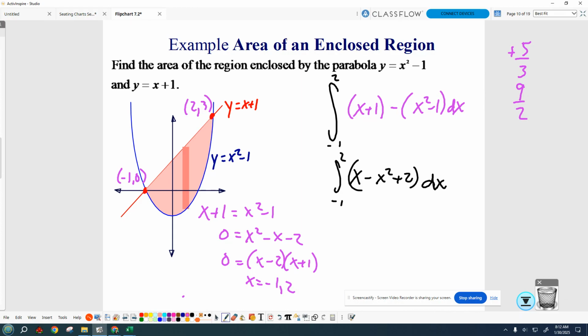This is 9 divided by 3, 3. What's 8 minus 3? 5. What's 5 minus a half? 9 halves. So I got a 4.5. 32/3. Any other?